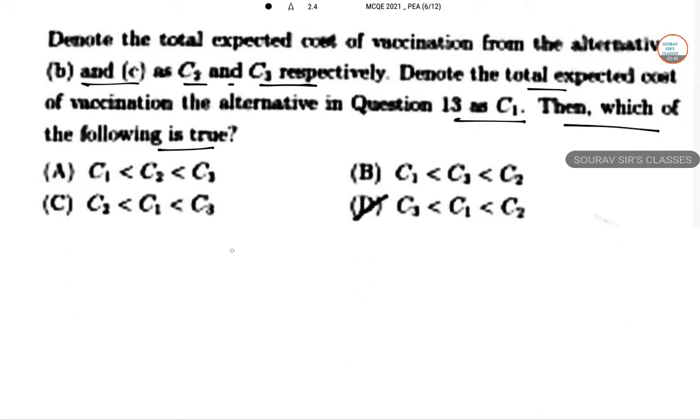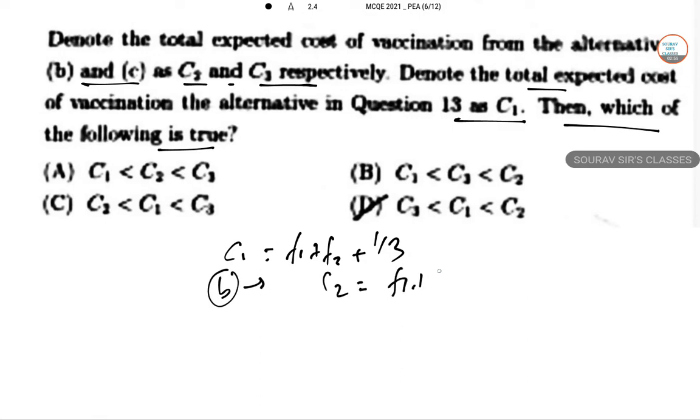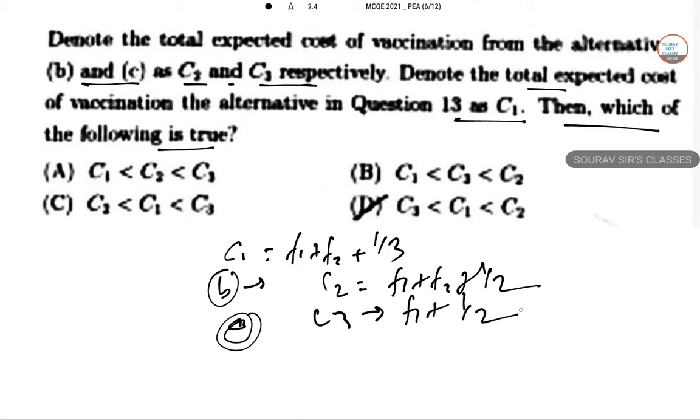From the above case, C1 equals F1 plus F2 plus 1 by 3, which we have already got. From alternative B, the expected cost of the vaccine C2 will be F1 plus F2 plus half, and C3 will be F1 plus half. So clearly C1 is less than C2 for sure, and C3 is less than C2.